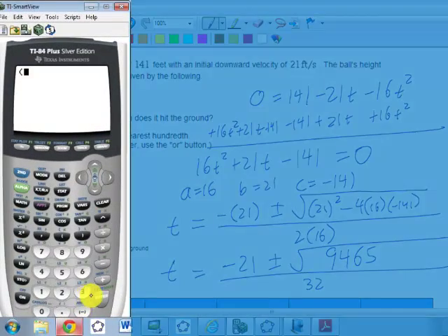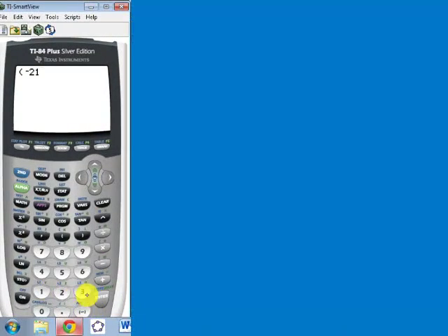Negative 21 plus the square root of 9465. Get out from underneath the radical sign, close the parentheses, divide by 32, enter. How many decimal places? It says the nearest hundredth.